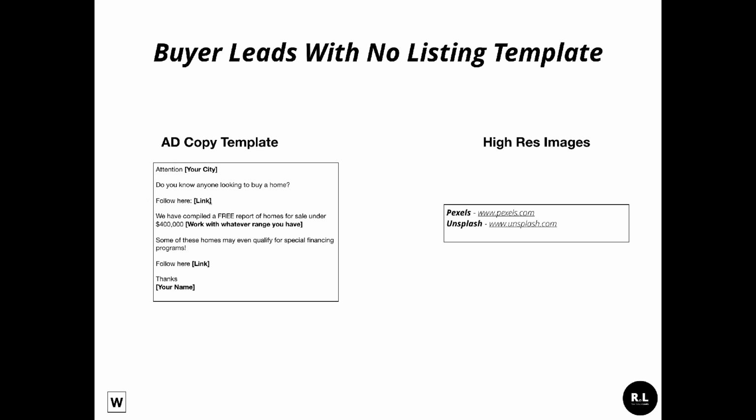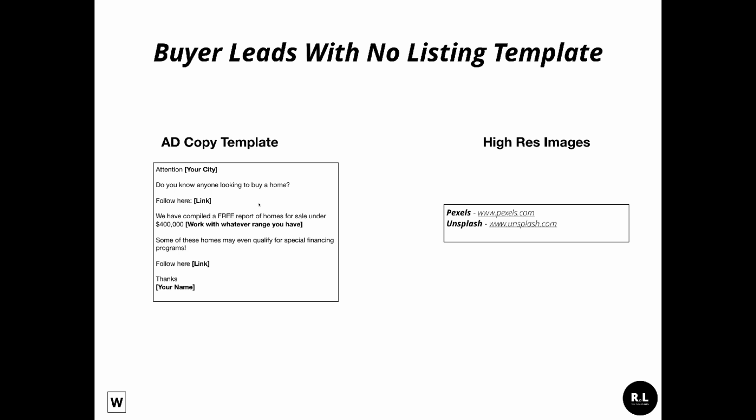This link is going to redirect them to the landing page, and we're going to be using Arsenal MKG for that. The actual description would be: we've compiled a free report of homes for sale under 400,000. I just added in that number. Again, you can work with whatever range you have. If the range of homes that you have at the moment is below 350,000 or 300,000, you can definitely do that.